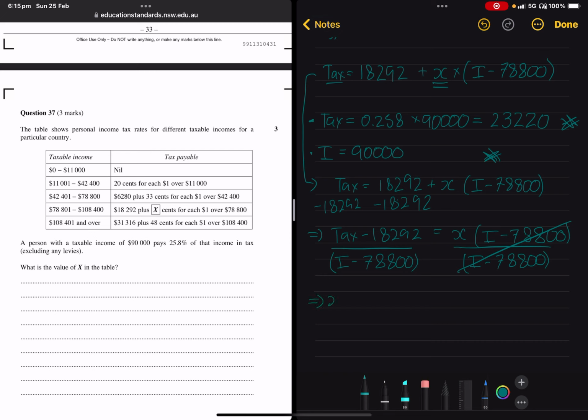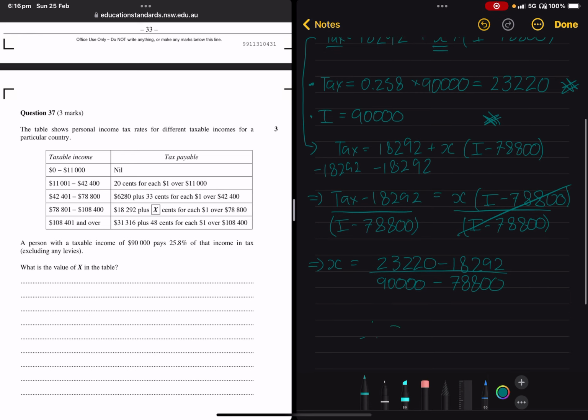We can now plug in the tax number we have from up here and the income number and solve. So this tells us that X is going to be equal to tax, which is 23,220, minus 18,292, divided by the income, which we know is 90,000, minus 78,800.